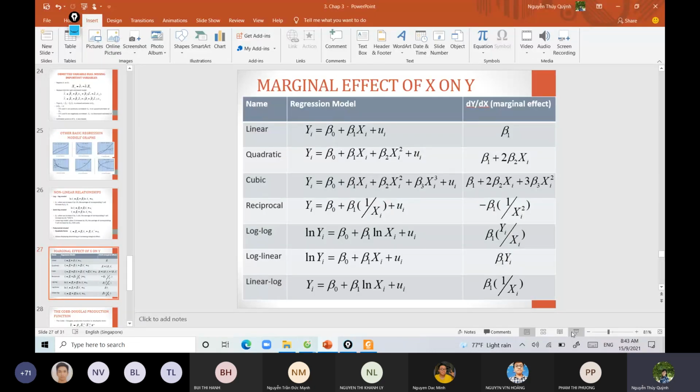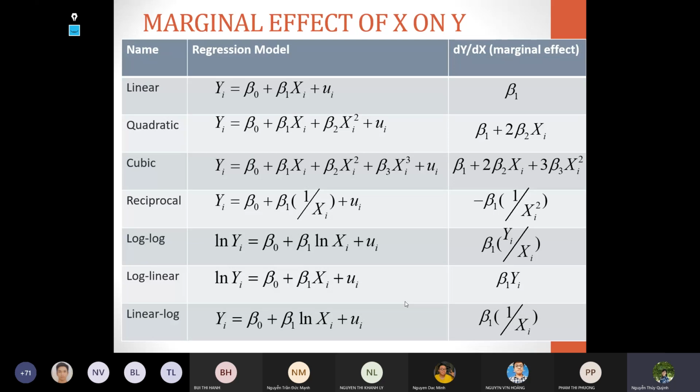For the case when we have a cubic functional form like this, the marginal effect of x on y will be a quadratic function. So here you can show a marginal effect that at first increases, then decreases.